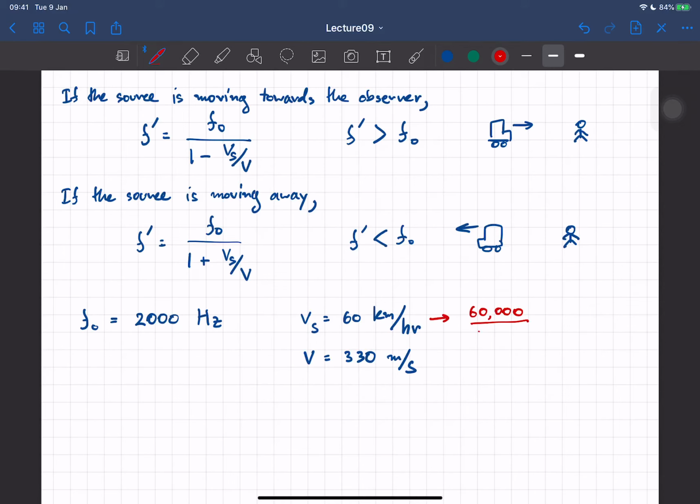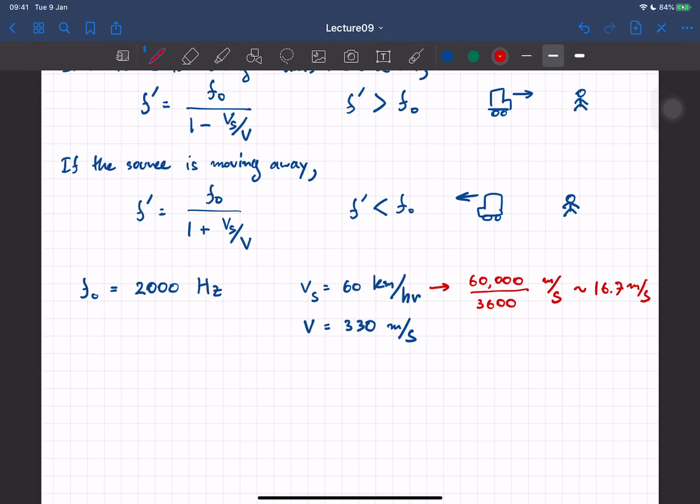So you need to make it something like this, meters per second. Okay, so you're going to have roughly about 16.7 meters per second. So that's how fast the source is moving, right? And now we know everything that we can put in the formula.